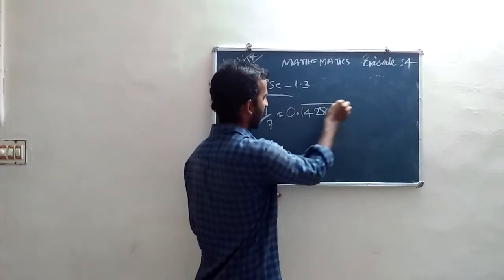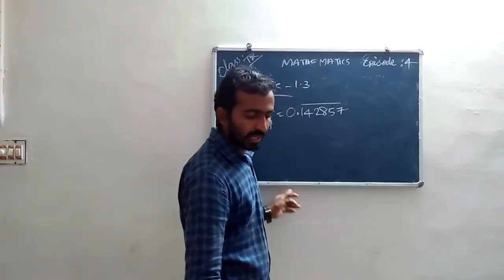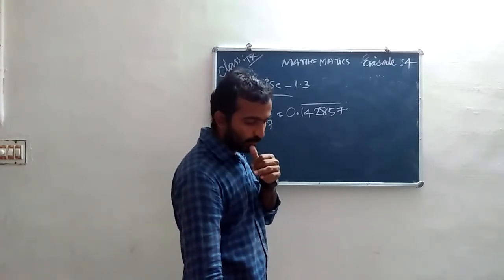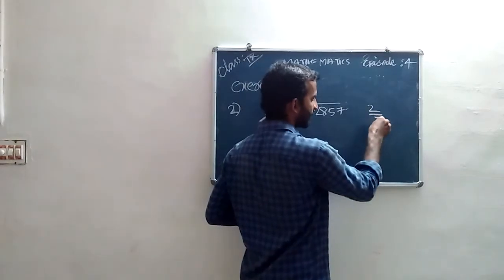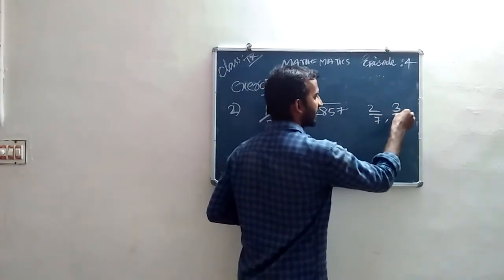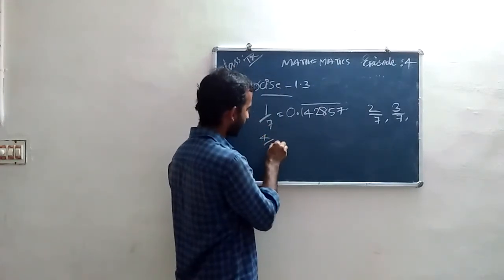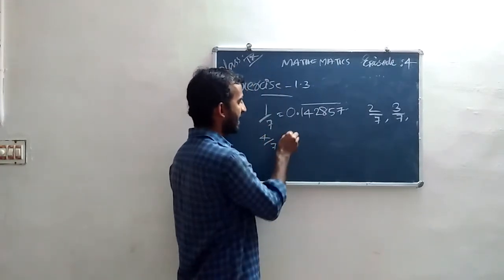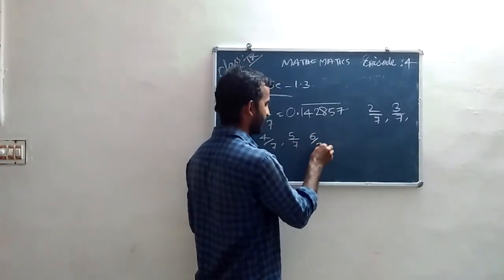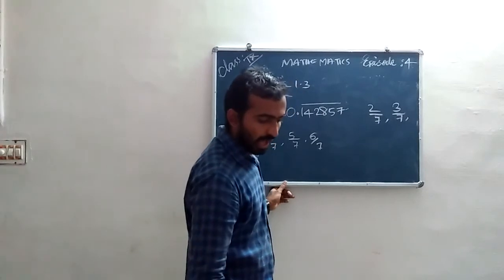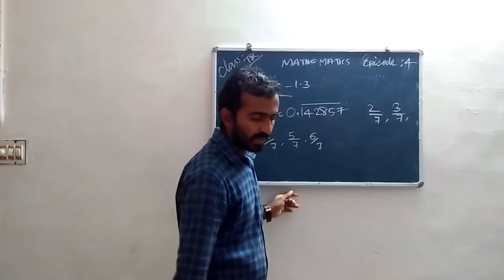Can you predict what the decimal expansions of 2 by 7, 3 by 7, 4 by 7, 5 by 7, and at last 6 by 7 are without actually doing any long division?